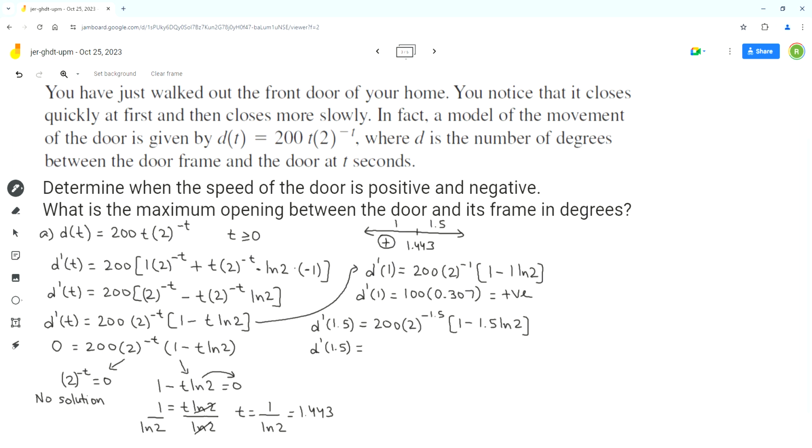For the first part, 200 times 2 to the power negative 1.5, I got 70.71. Now we can evaluate the expression in the parentheses.